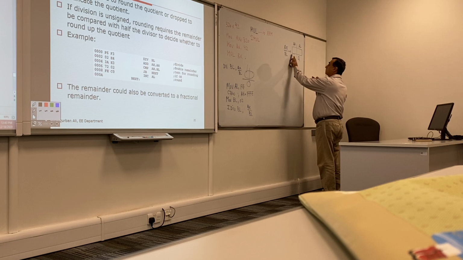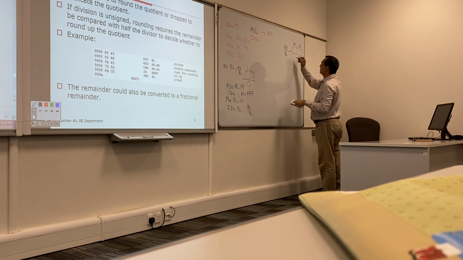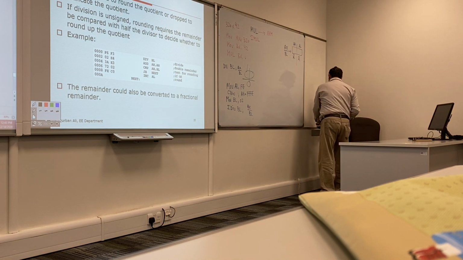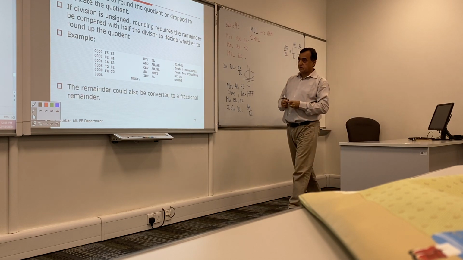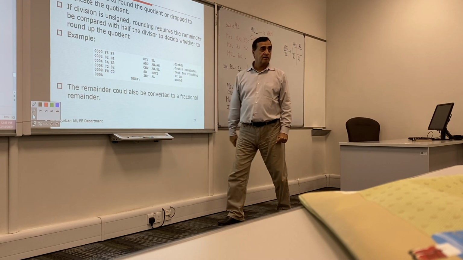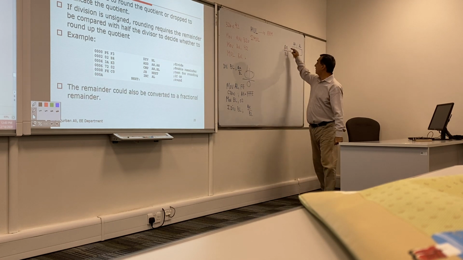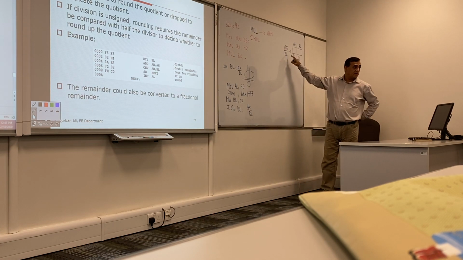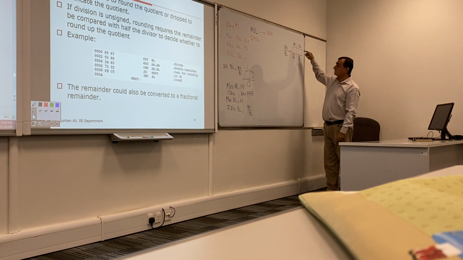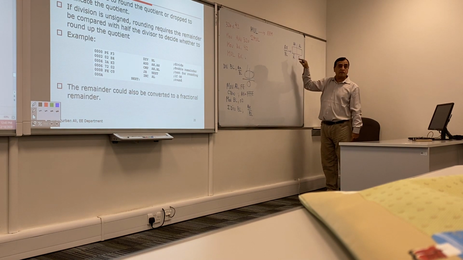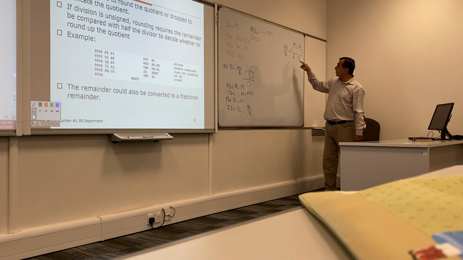This is my remainder, right? So when I say in the first line div BL, I am doing AX divided by BL. And my answer will be in AX, lower byte is the quotient, higher byte is the remainder. Now our focus is here.